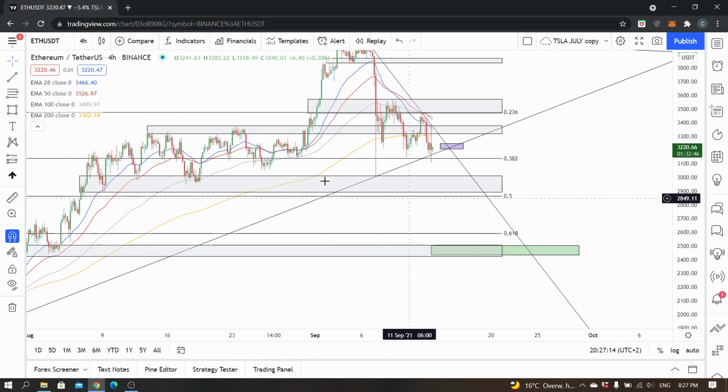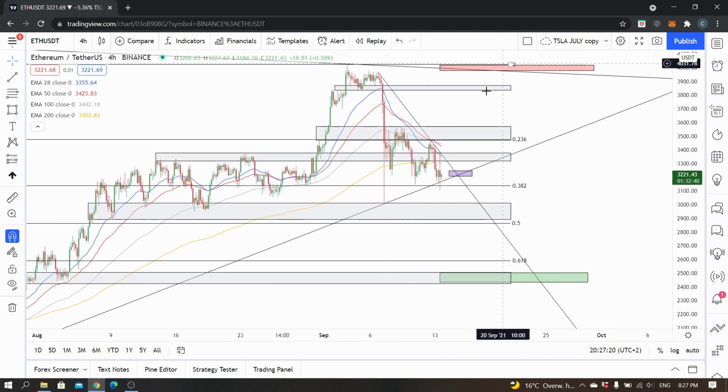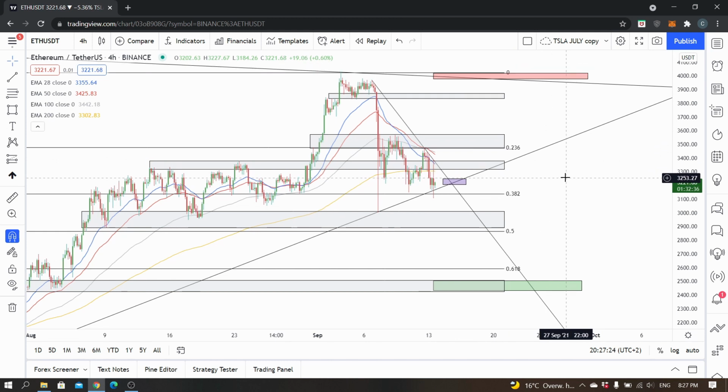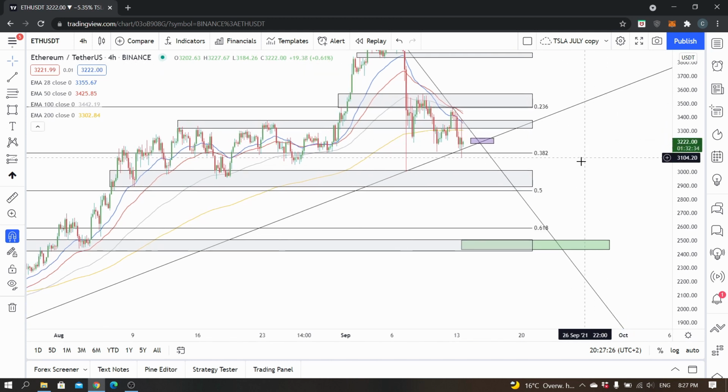I think, to be honest, I am quite bullish on Ethereum. So I think it will break out upwards, and that Ethereum will continue to be in an uptrend. But if it does go down, depending on whether it breaks this trend line or whether it breaks this key level, then I believe this green box can be a very good buy area.